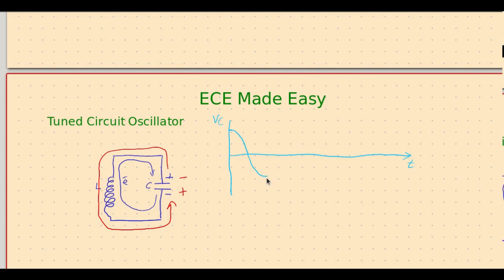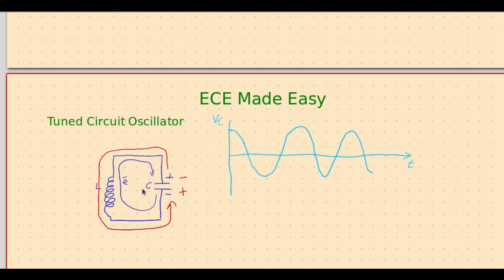When it reached the peak, the magnetic field is no more existing, but now we do have a negative electric field, and this negative electric field will make the reverse current flow, and again it continues, and this continues on and on if there is no loss.